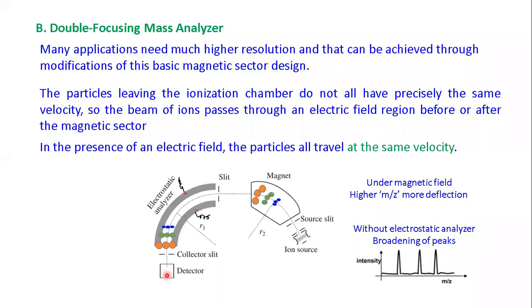They may take a very long time to reach the detector. By that time your analysis of other ions will be done, so the time lag will be there, and it will not be reflected in the detector. So this is the major thing. You have two focusing parts, one is the magnetic sector, another is the electrical field, and that will help to have more precise peak development.